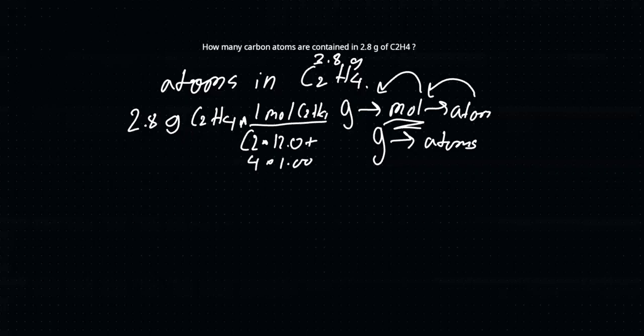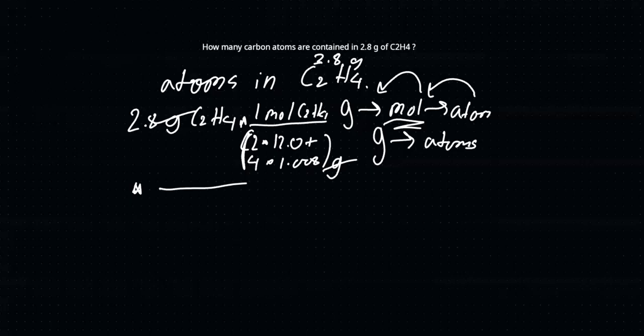I'm using a very simplified periodic table here, so I might be off by a few digits depending on your answer. But let's keep continuing this. Grams, we're going to cancel out the grams here. Now we're left with moles. So now we need to cancel out the moles of C2H4.